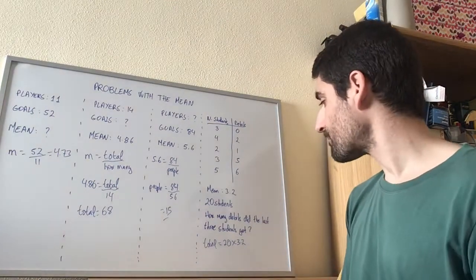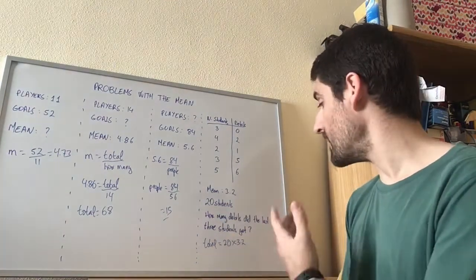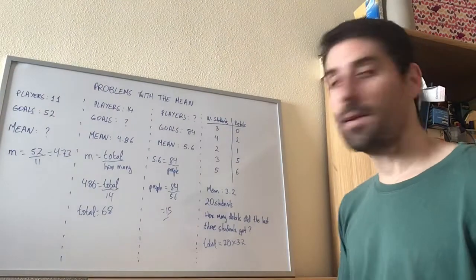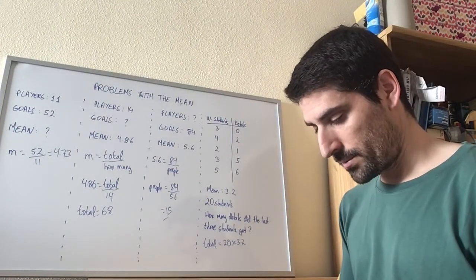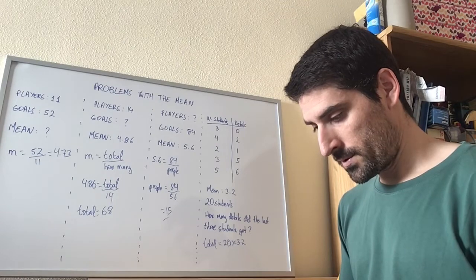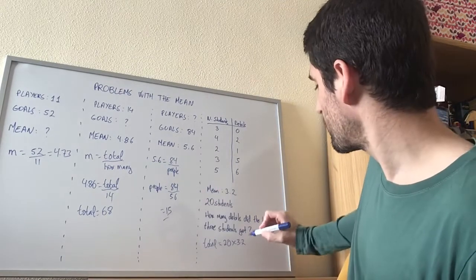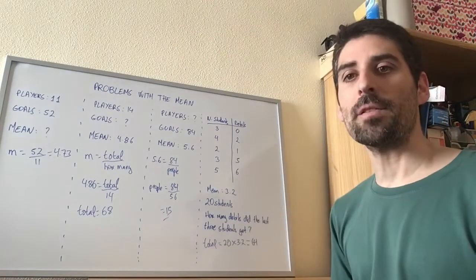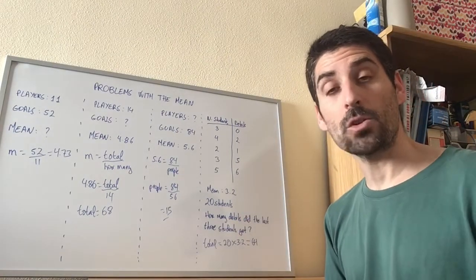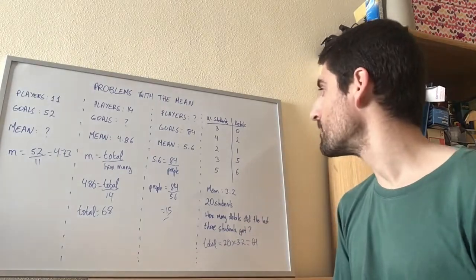The total number of debits is the mean times the number of people. So if I do 20 times 3.2, I get that they had 64 debits between all of them. So all of them, 64 debits.